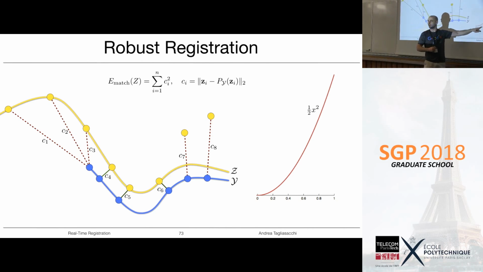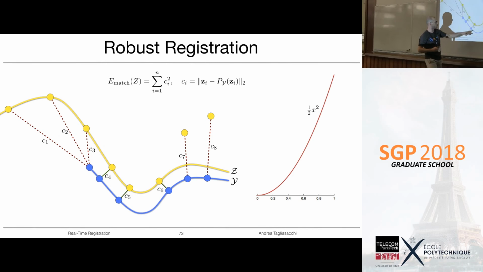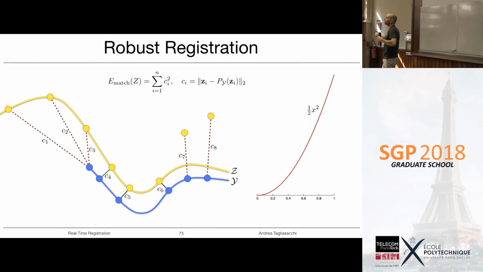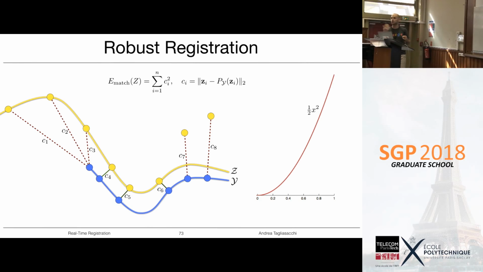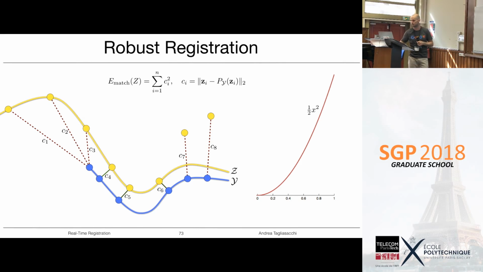The gradient will tell you how much the optimizer will respond to that certain residual. For a small residual right here, you're going to get a small gradient because the function is flat. And for a very large residual, for example over here, you're going to get a massive gradient. The further you move away from the origin, the larger the gradient will be. So the largest gradient in a least squares problem with noise and residuals will be the biggest outlier that you have in the system, which is not a good idea. That means that the optimizer is going to care the most about the biggest outlier that you have.